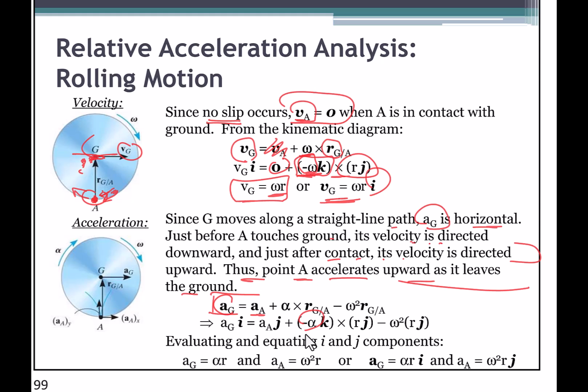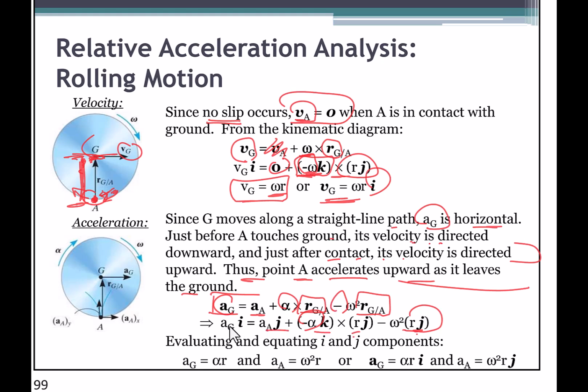Plus alpha crossed with the relative position of G with respect to A, minus omega squared R, the vector of G with respect to A. So here R is minus j, because this R is in the negative direction, and you have i's, j's and k's.